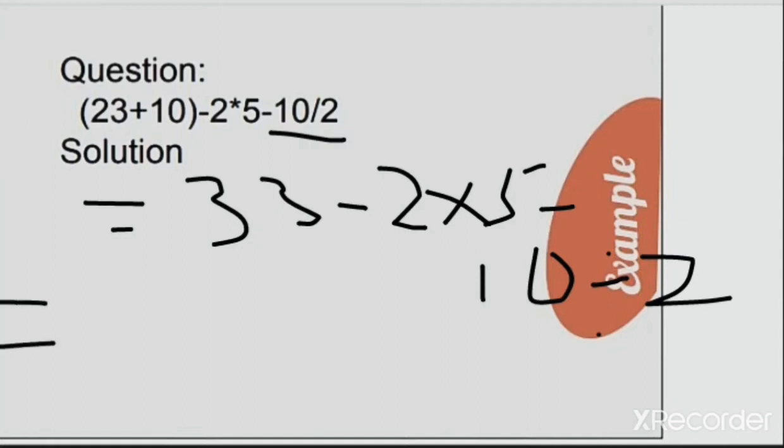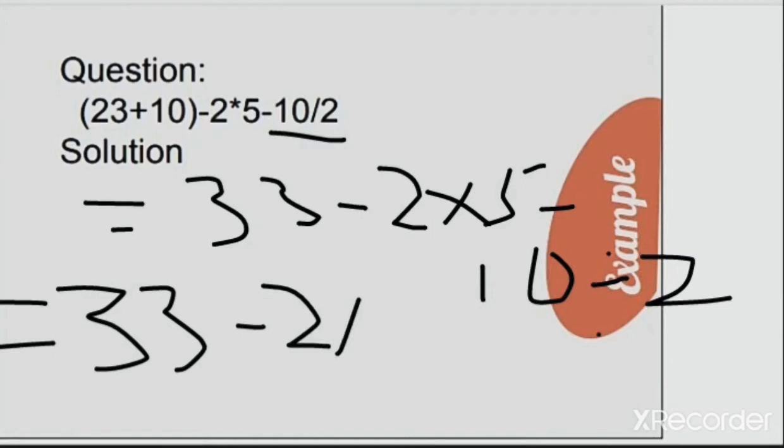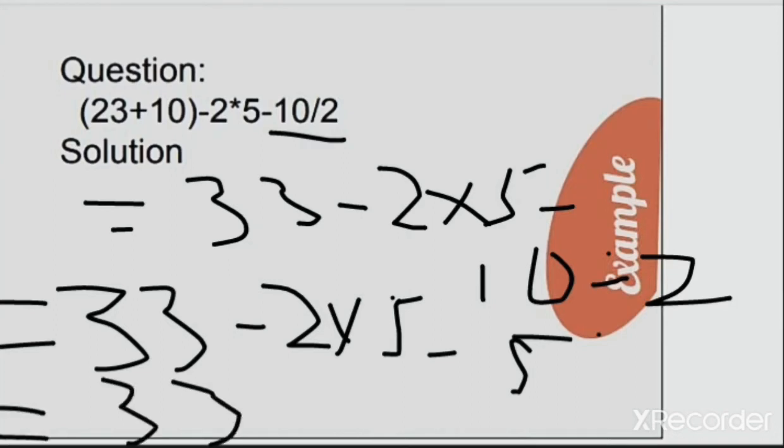So 33 minus 2 into 5 minus 10 divided by 2 was equal to 5, because 2 fives make 10. Okay, now we are here with multiplication. So 33 minus 2 fives make 10, minus 5.